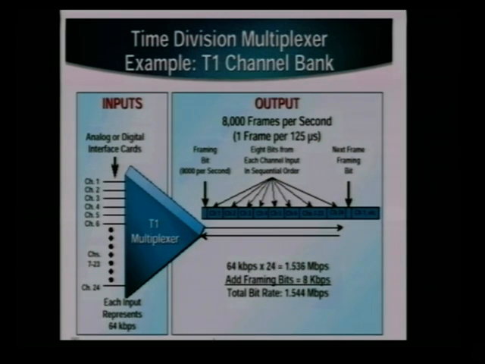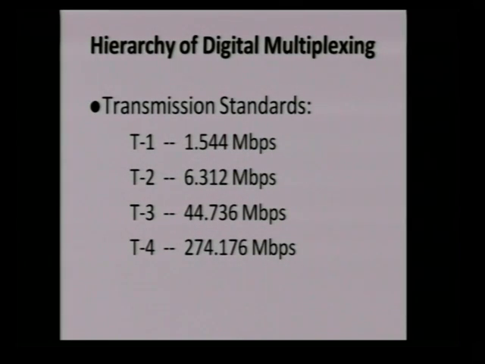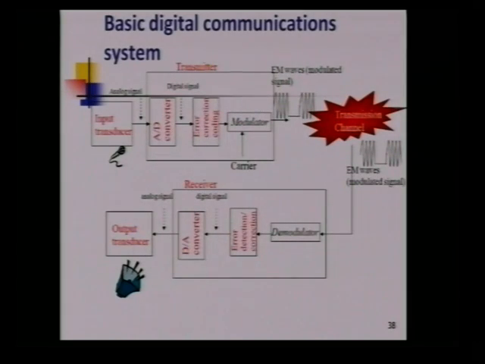So one has this kind of standard existing in the case of multiplexing. I have just shown this for reference, so that you can see such higher bit rates in the practical scene. Then you also have the hierarchy of multiplexing processes: 1.5 Mbps, 6.3 Mbps, 44 Mbps and 274 Mbps and so on.